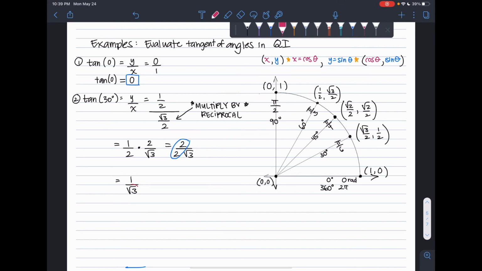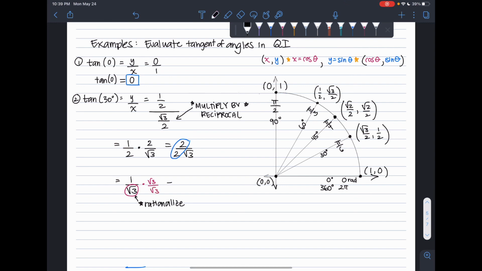Now notice here we have √3 in the denominator. So this tells us we have to rationalize. When we rationalize, we're just going to take that √3 and multiply it to our numerator and denominator.